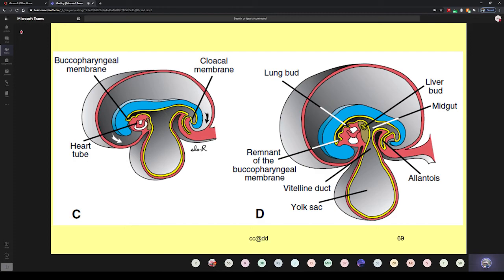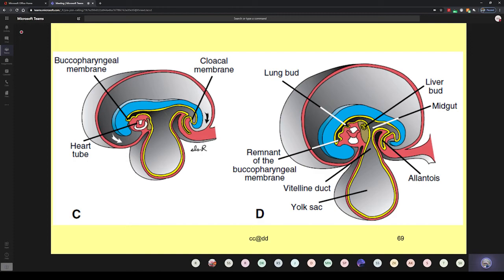The head fold is responsible for formation of the foregut. The tail fold is responsible for the formation of the hindgut, and the resorption of the yolk sac due to these two folds will be responsible for the formation of midgut.